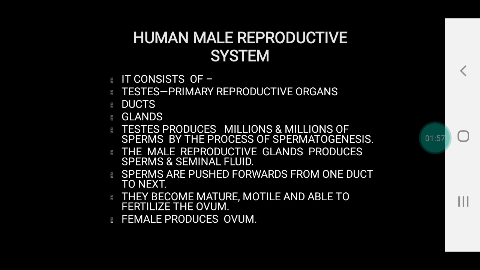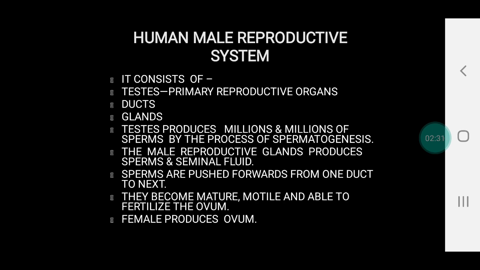So germinal epithelium present in the seminiferous tubules divides by meiosis to produce sperms, and these sperms are then sent forward through various tubules. The sequence of these tubules is: the sperms which are produced in testes are transported to rete testis, then vasa efferentia, then to epididymis, later to vas deferens and ejaculatory duct.